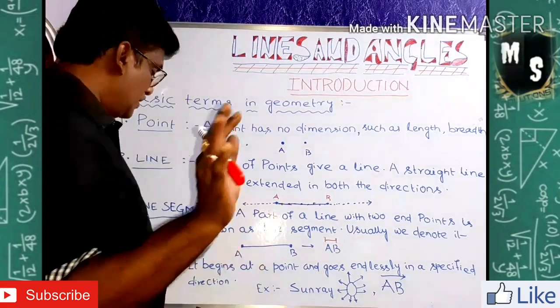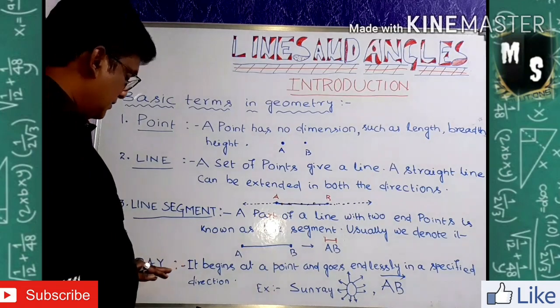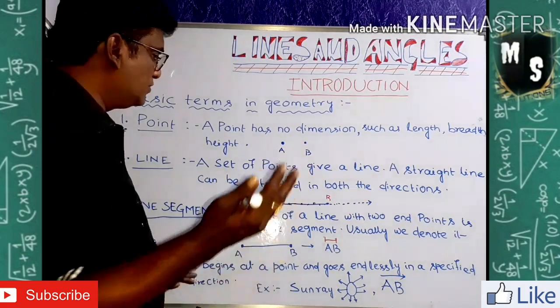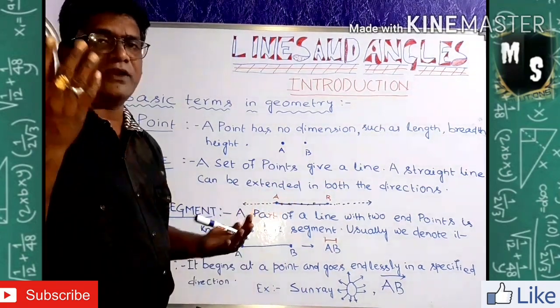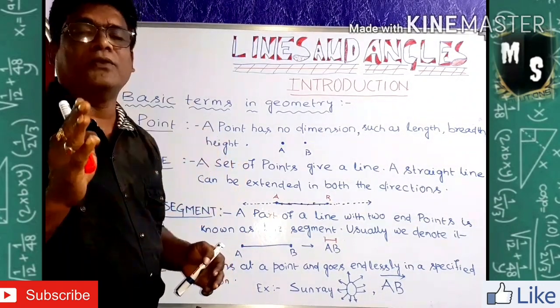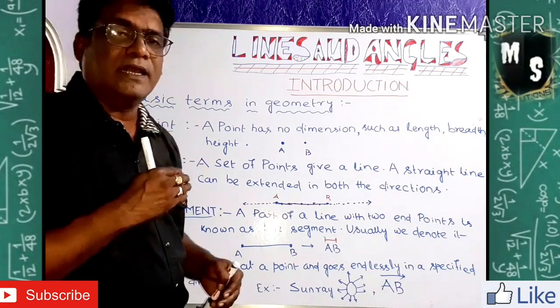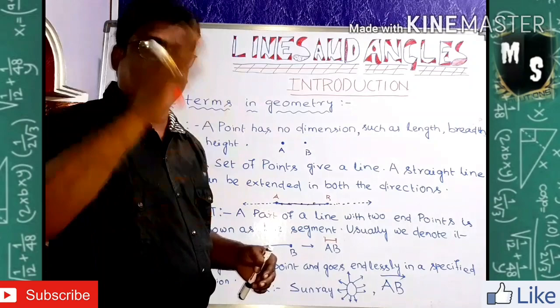Understood now? So now go for the 4th point. The 4th point is the ray. Everybody knows the ray in our daily life. The ray comes from the sun. Its starting point is there, but there will be no end point. It can extend in one direction only.